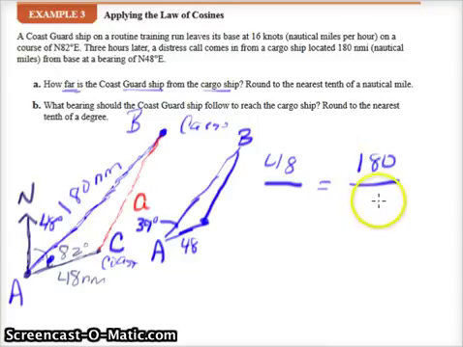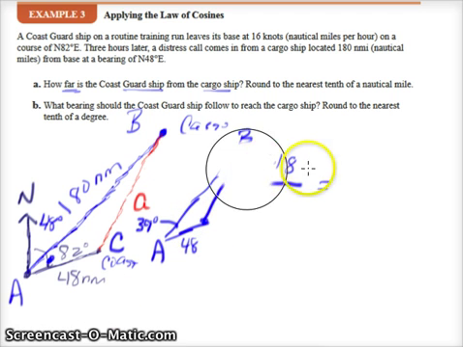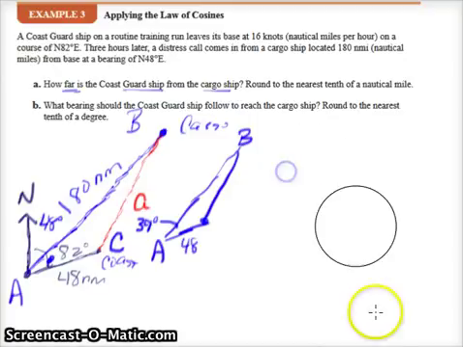No. Trying to find little a. Okay, so we're going to have to use the law of sines to find this angle. Hold on. We're going to have to use the law of cosines, that is, to find the side. So let's do that.